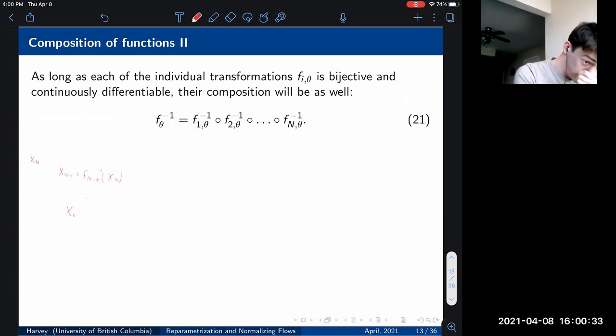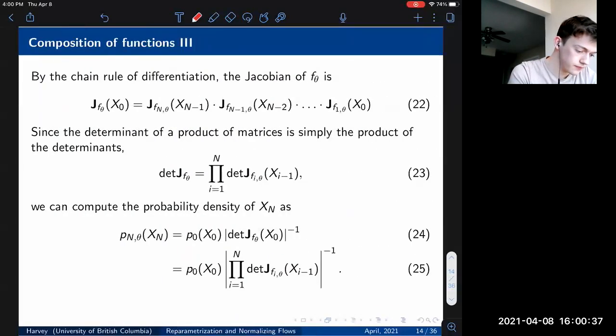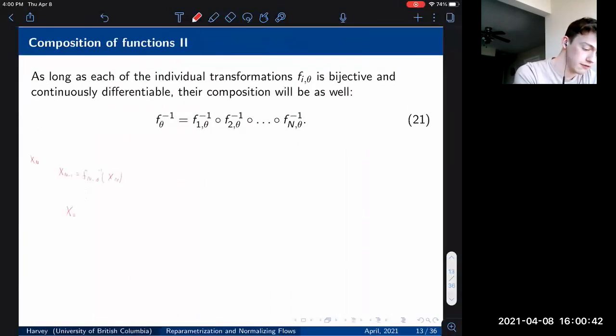Say we have a simple normalizing flow with just a couple of layers. We have x2 equals f2 of x1, and x1 equals f1 of x0.